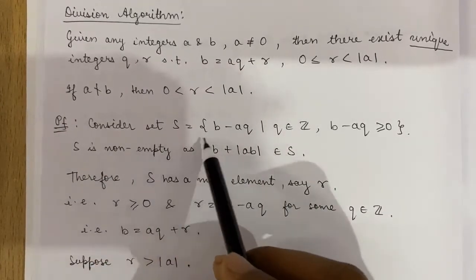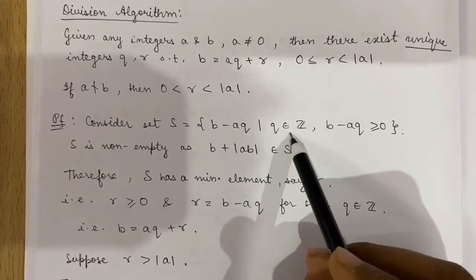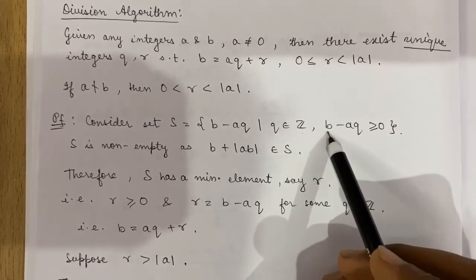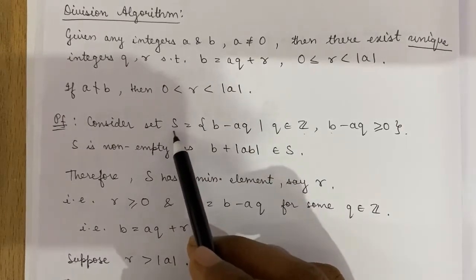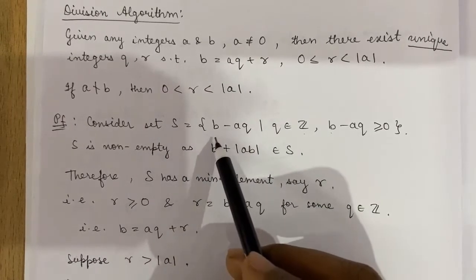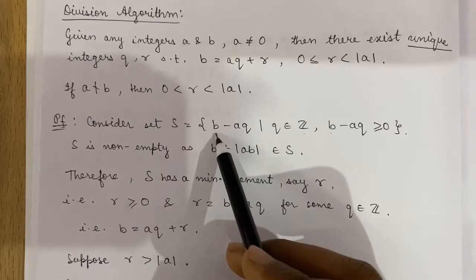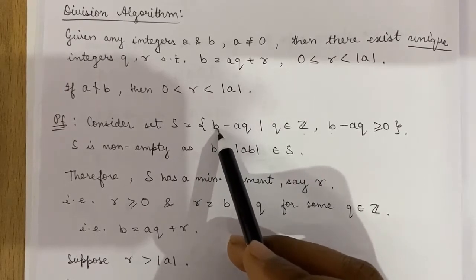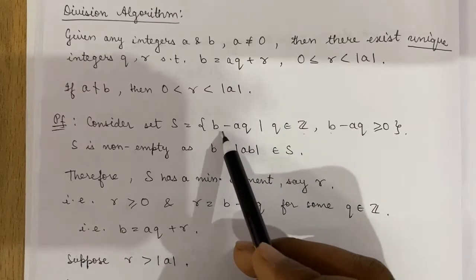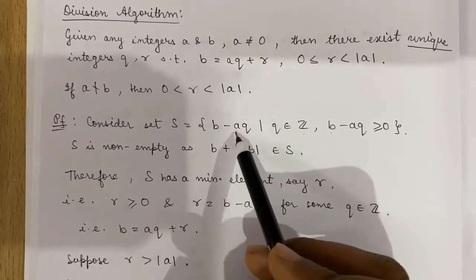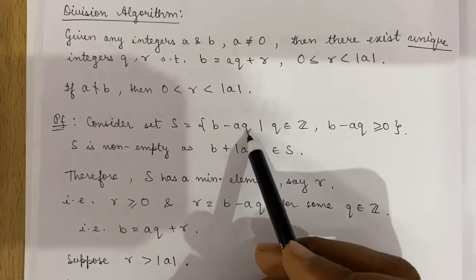Consider the set S equal to b minus aq, where q belongs to Z and b minus aq is greater than or equal to 0. So what is this set S? This set S is the set of all numbers in the form of b minus aq. We just want to collect all the remainders when we divide b by a.